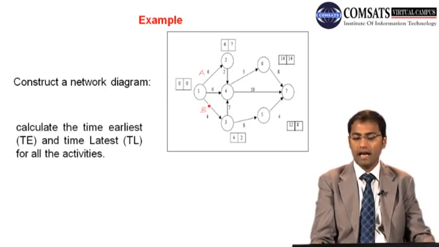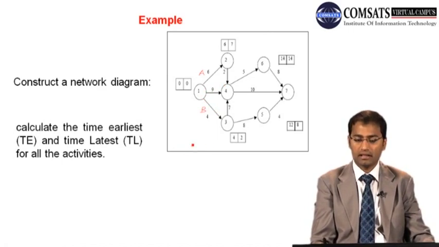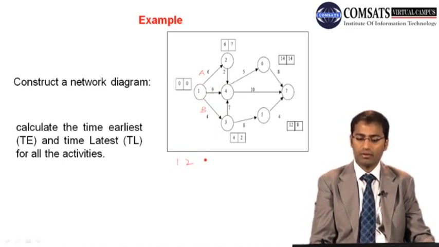If we identify the paths, one path is 1, 2, 4, 6, 7. Then another path is 1, 4, 6, 7, another path is 1, 3, 4, 7, and another path is 1, 3, 5, 7.